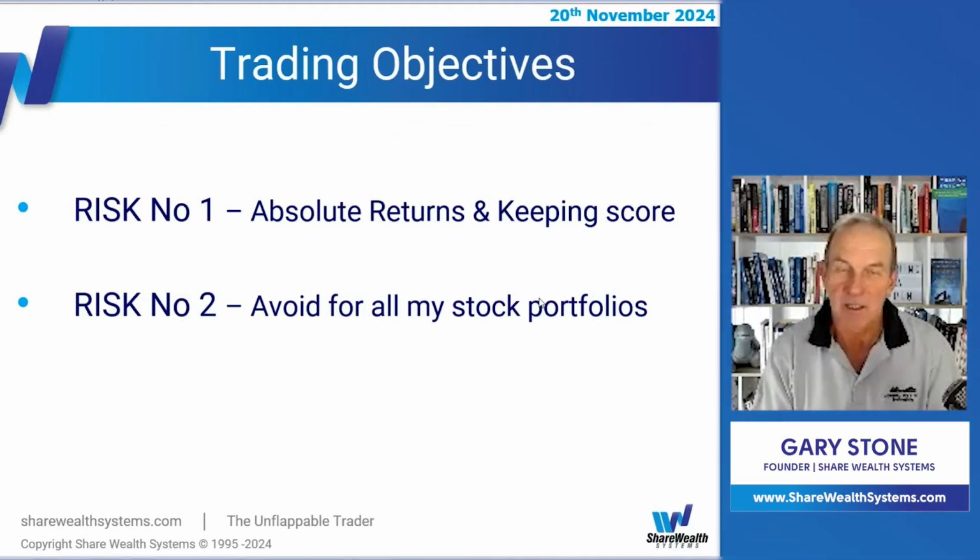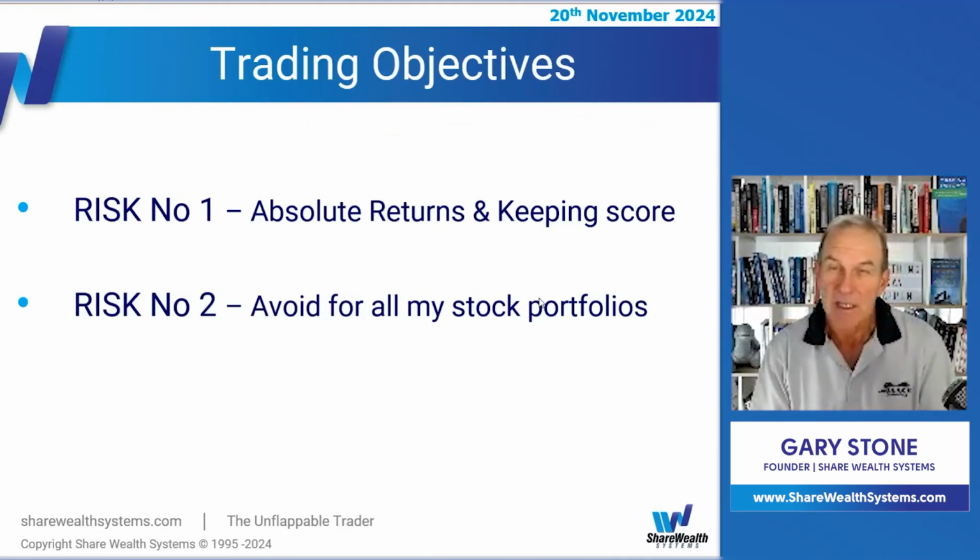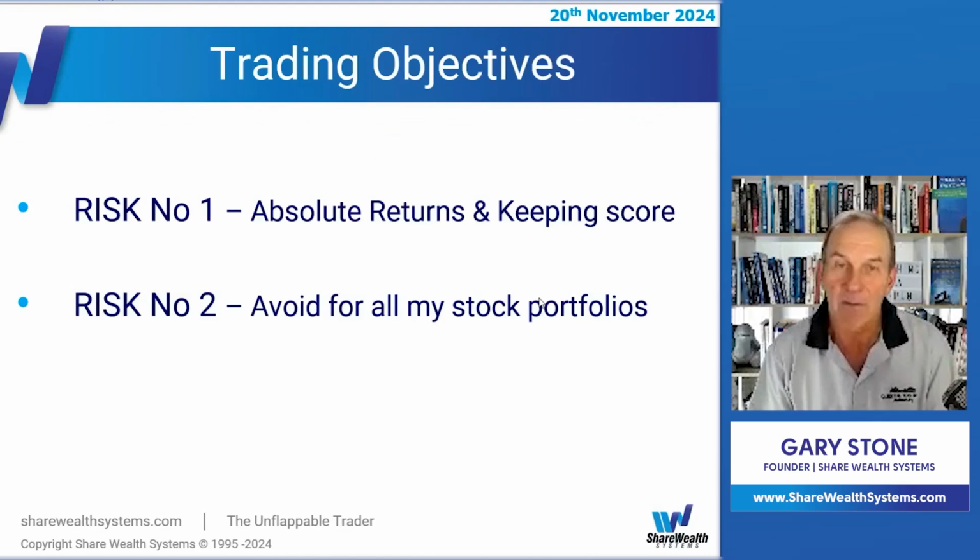That is the order in which large drawdowns occur. Obviously, if they occur earlier in life, then it's not as big a problem, because you've got enough time for your wealth to recover from a large drawdown.